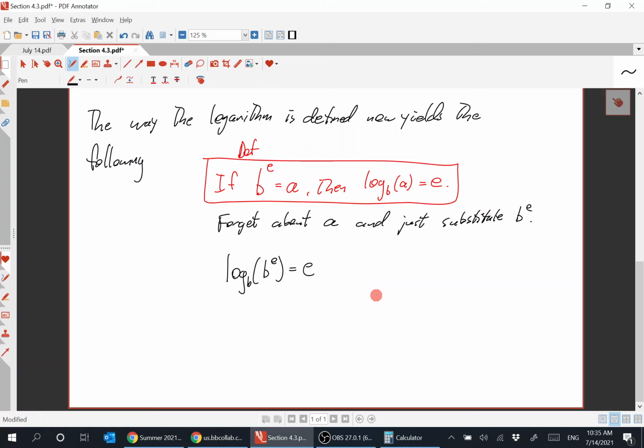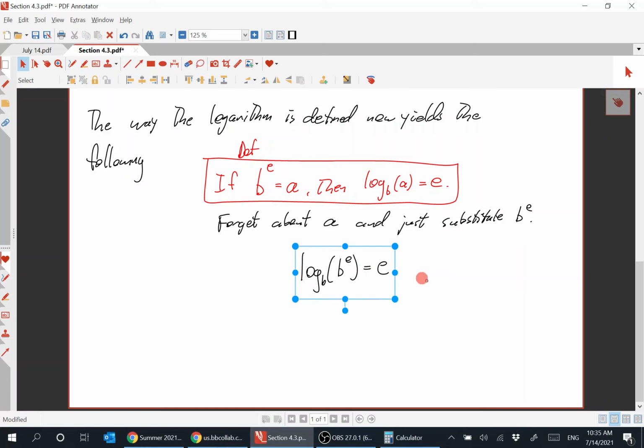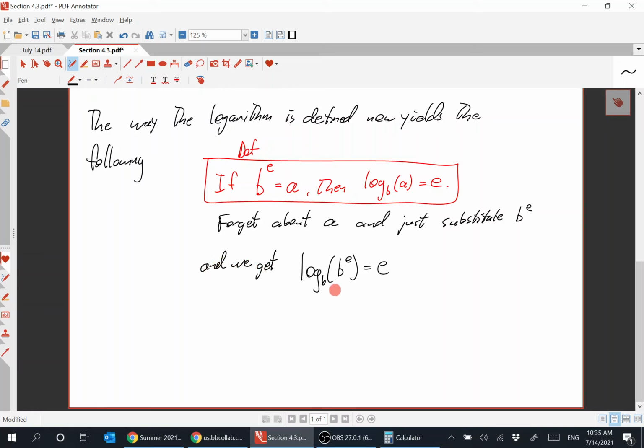Similarly, in a similar fashion, b to the log base b of x, say, is just equal to x.